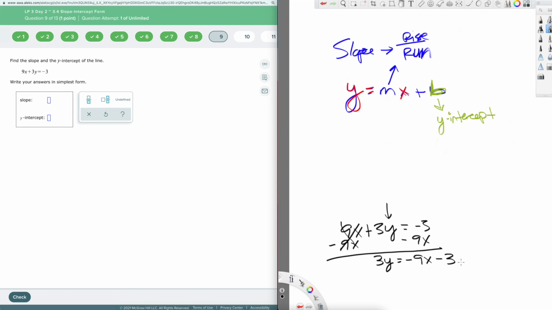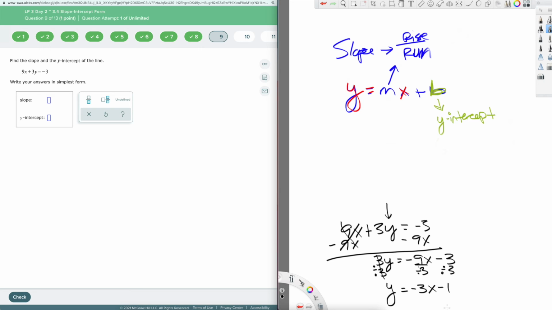So those are not like terms. I can't combine them. I can divide by 3. Keep in mind I have to divide everything by 3, not just a piece. Every piece gets divided by 3. So 3 divided by 3 is 1. -9 divided by 3 is -3x. -3 divided by 3 is -1 instead of +1.